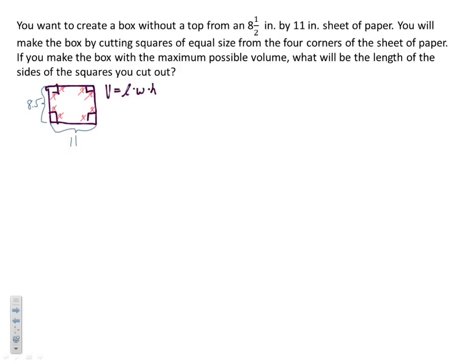What is the answer to this? Hopefully you can figure it out. What did we want to find? The length of the sides of the square that you cut out. So the length of the side of the square that I cut out is going to be approximately 1.6 inches.